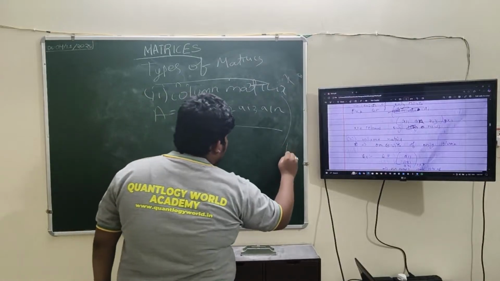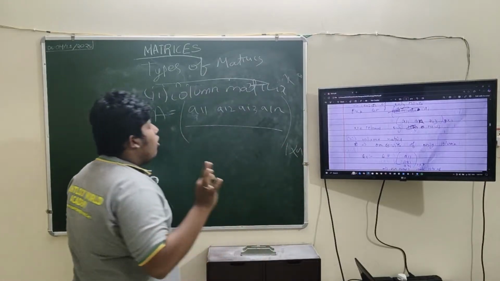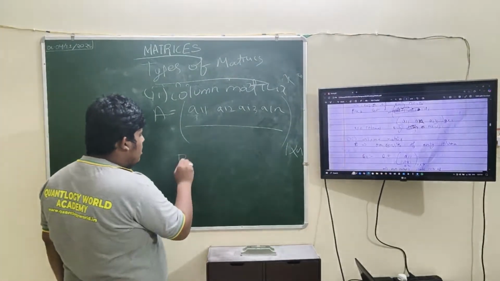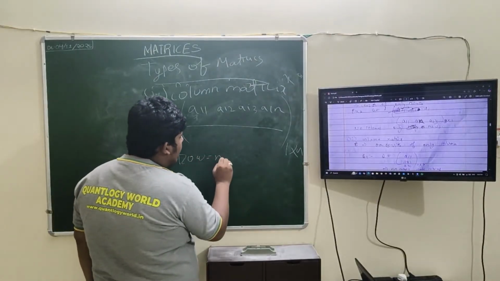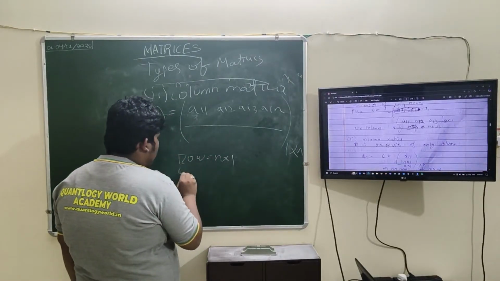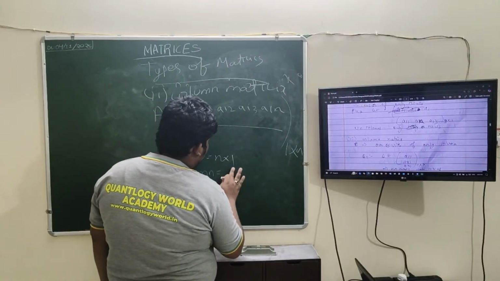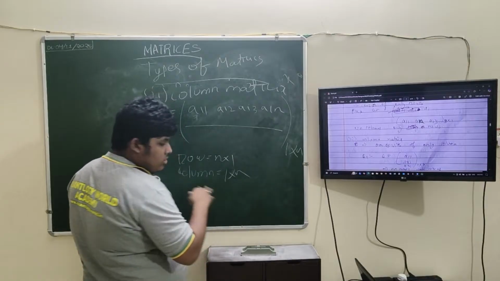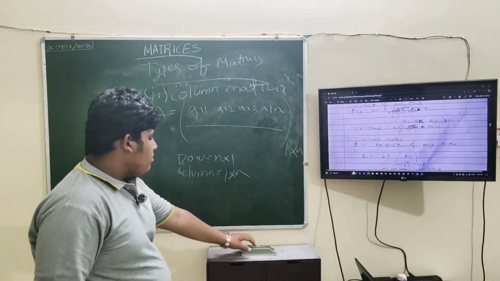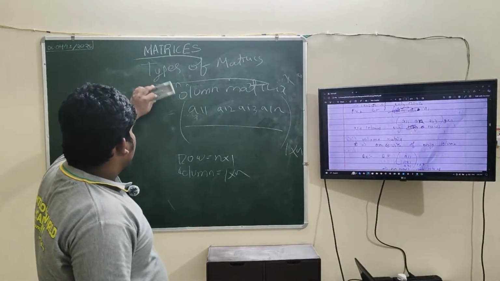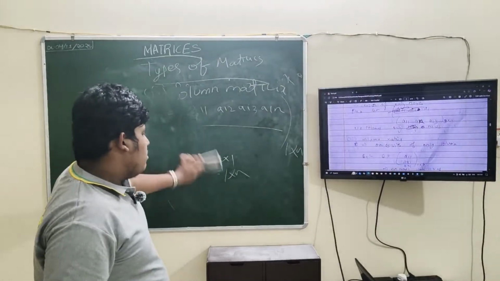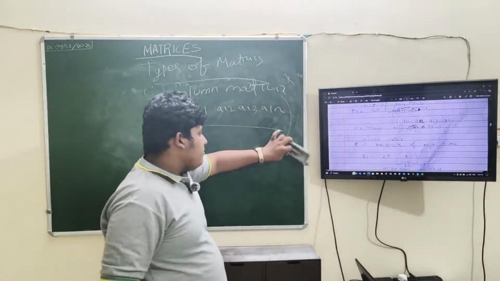So the order is 1 cross n. The order of a row matrix was n cross 1, and the order of a column matrix is 1 cross n. They are just opposite of each other. We can write n number of columns, but the number of rows should be 1.